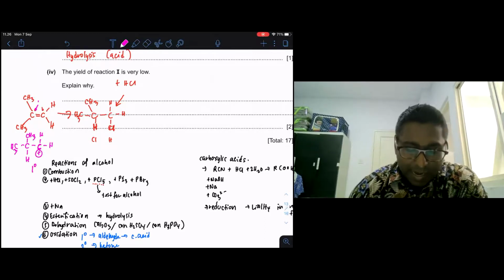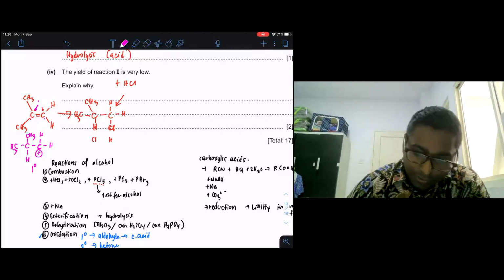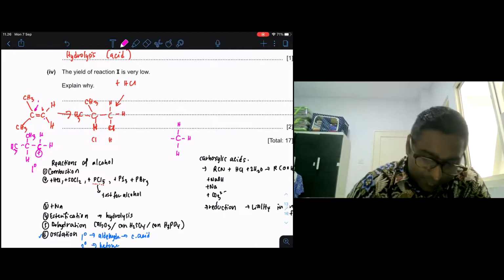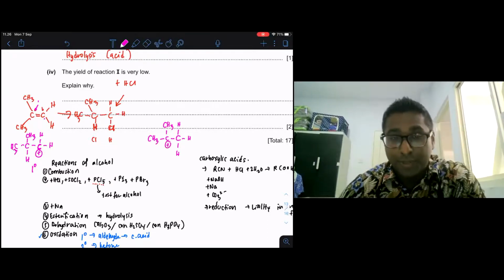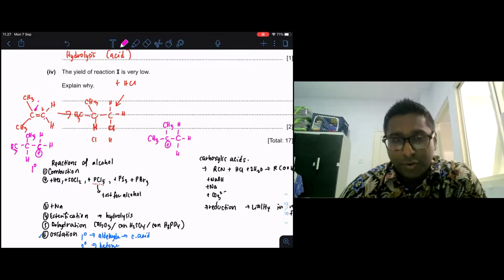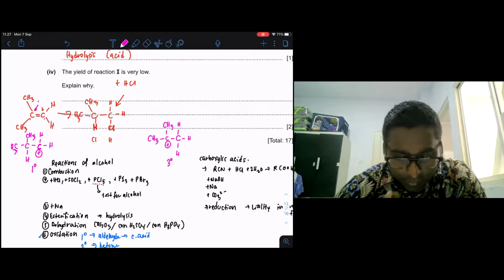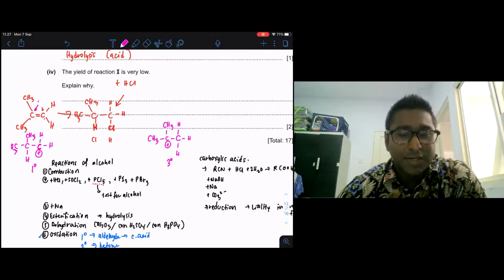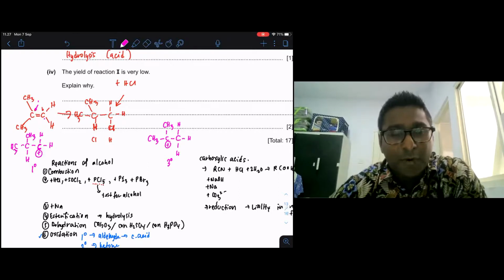If it is the other way around, if the H came over here, you will get something like this, H, H, H, and then you have C, CH3, CH3, and then a carbocation over here. Now, this is going to be a tertiary carbocation. Instead of forming a tertiary carbocation, a primary carbocation is formed.